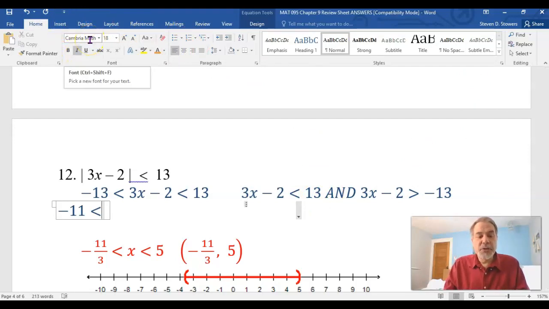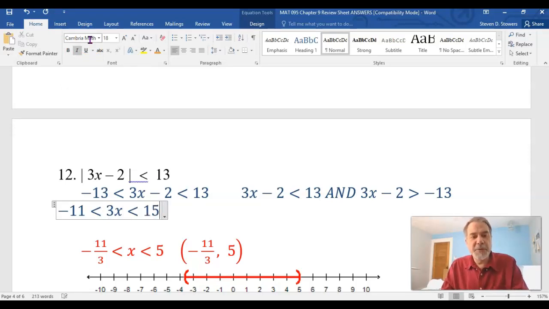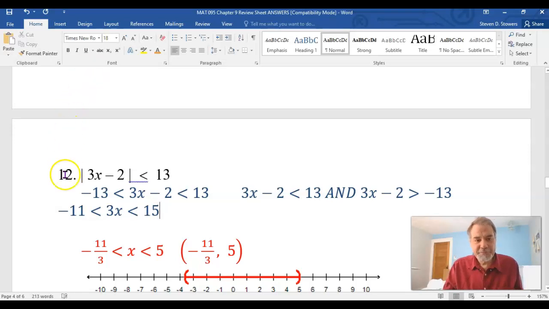Then 3x minus 2 plus 2 would just be 3x. And then 13 plus 2 would be 15. So now we've got negative 11 is less than 3x is less than 15. And to go from 3x to just x, divide by 3. And we have to do that on all three sides. So that gives us negative 11 over 3 is less than x is less than 5.